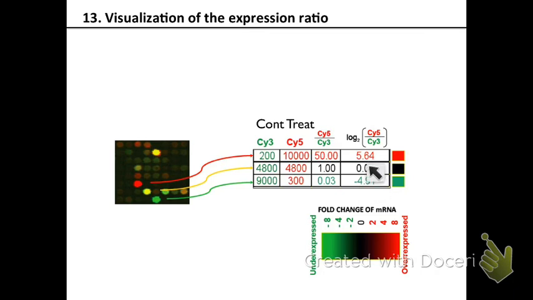Then you can use these data as ratios, and sometimes if you want to visualize it, you can convert this into color, okay? If I see a higher ratio in my sample, which was labeled by red, I can put it as red, and if it's lower, then I can put it in green.